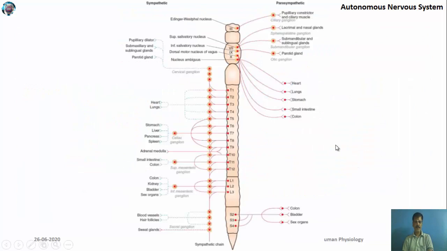You can see the cranial region, the brain stem, is going to have the third, seventh, ninth and tenth cranial nerves. The third is going to provide its nerves to the pupillary constrictor and the ciliary muscles of the eyes. So this is what they are going to provide their ganglia.